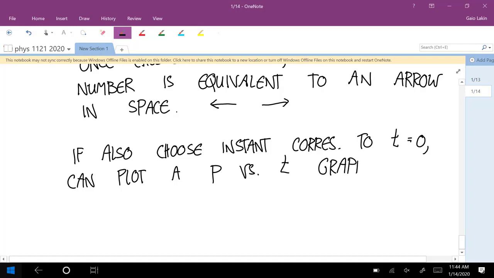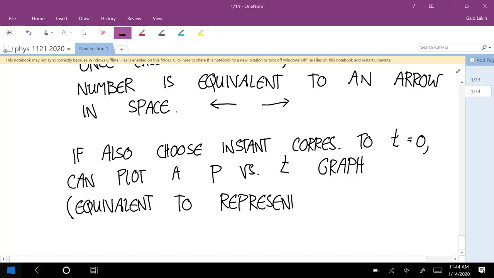And plotting a position versus time graph is equivalent to representing the position as a function of time.